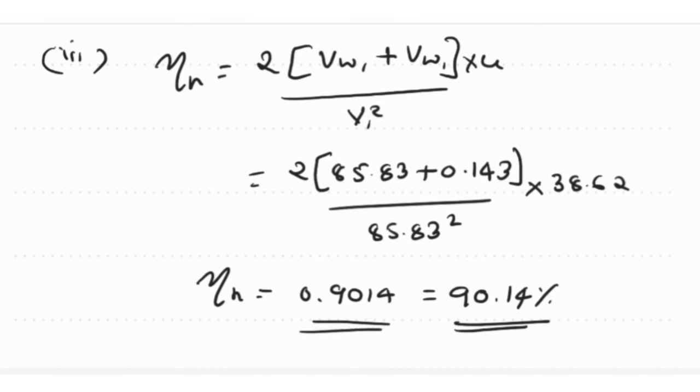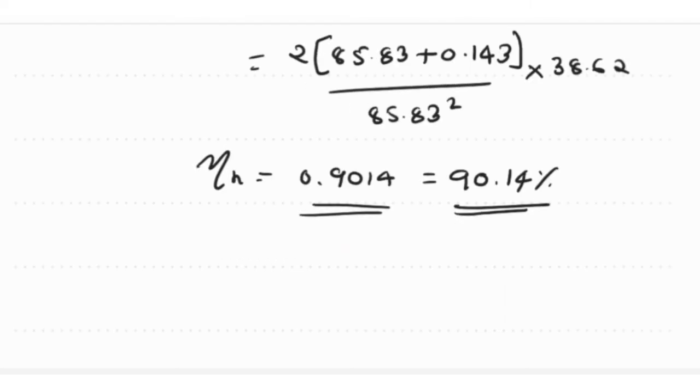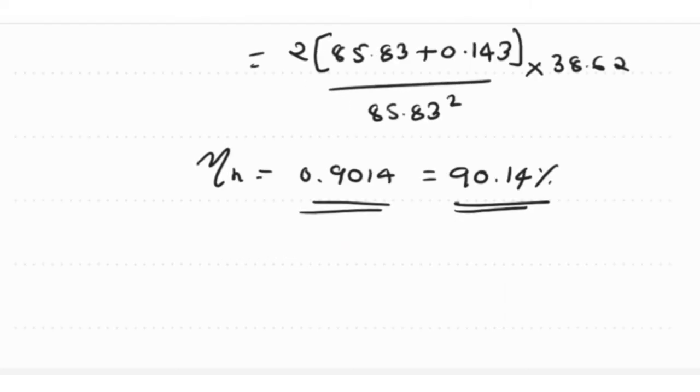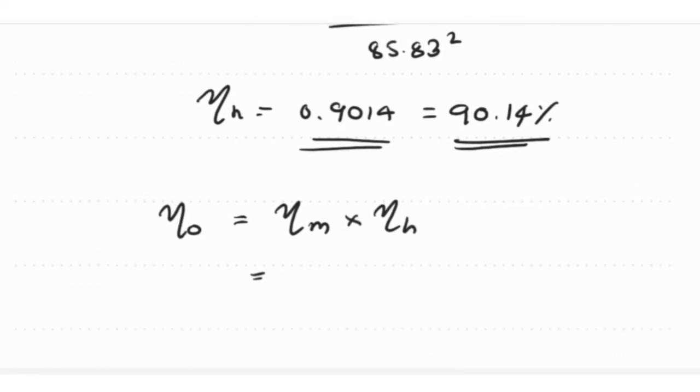We should calculate what is overall efficiency. We have the relation between hydraulic efficiency, overall efficiency and the mechanical efficiency. So overall efficiency is equal to mechanical efficiency into hydraulic efficiency. In the question mechanical efficiency is given as 85%, so that is 0.85. Hydraulic efficiency we have calculated as 0.9014.